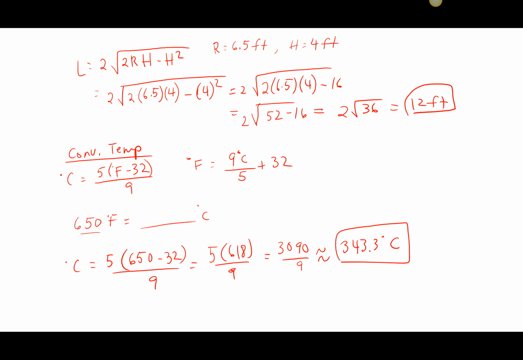Now our next type is going to be negative 160 degrees Celsius equals Fahrenheit. So now we're going to convert it to that. So Fahrenheit equals 9 times Celsius divided by 5 plus 32. Okay.